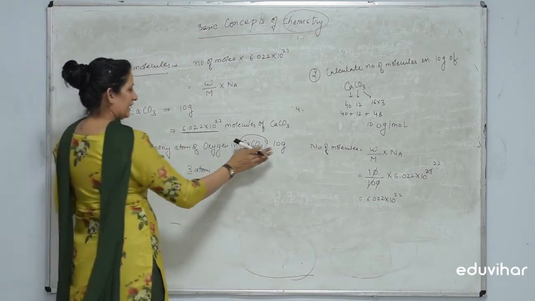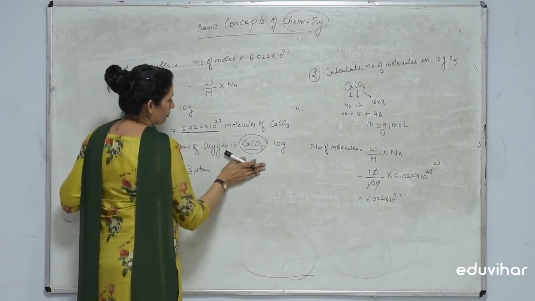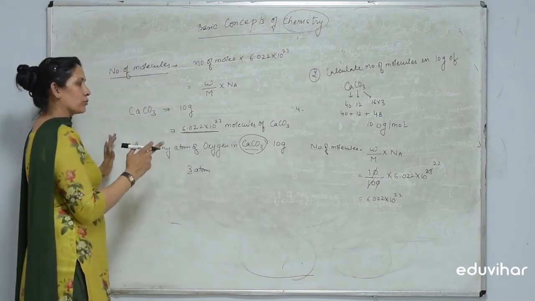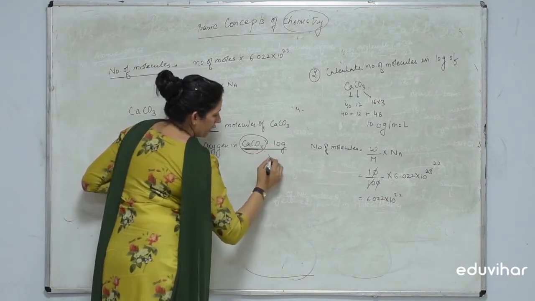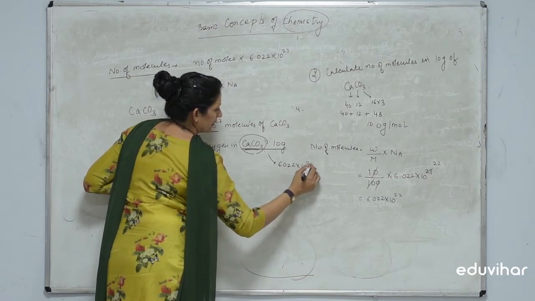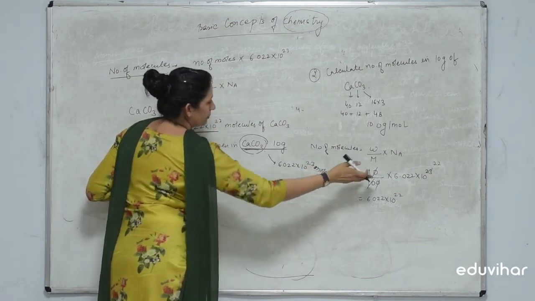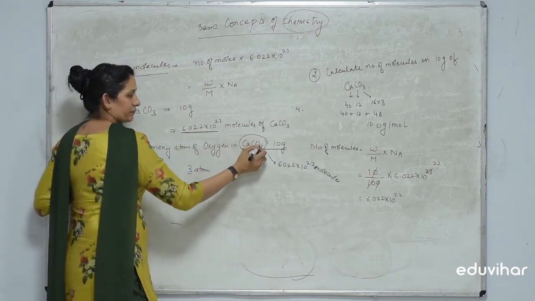You know that 10 gram of calcium carbonate contains 6.022 into 10 to the power 22 molecules. Yes or no? We just found it. And now I am asking how many oxygen atoms.